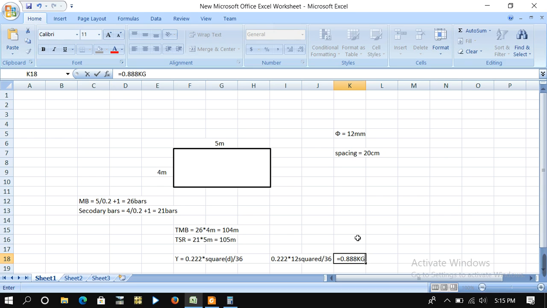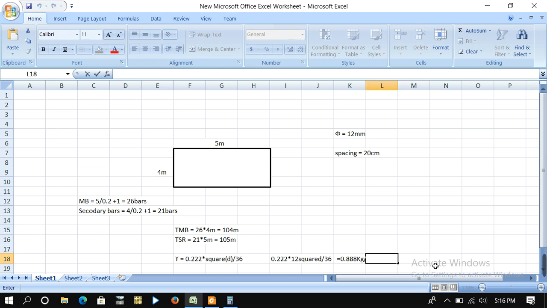Using this, the next thing is simple. The amount of reinforcement in the main direction is going to be multiplying the unit weight of a bar with its own total length. So TMB in kg is going to be how much?